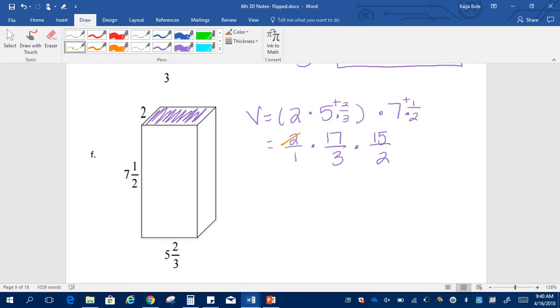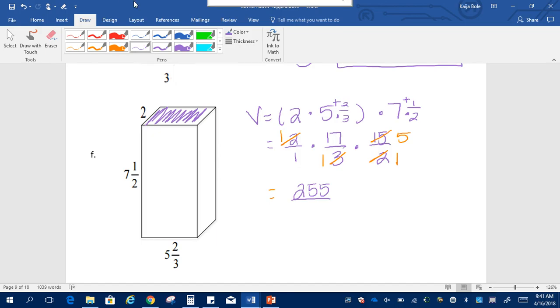These 2's on opposite ends cancel, they become 1's. The 3 goes into 3 one time, and 3 goes into 15 5 times. I'm pretty sure that's all we can do there. So we multiply across. 17 times 5 is 255, and this is over 3. Oh no, just over 1.